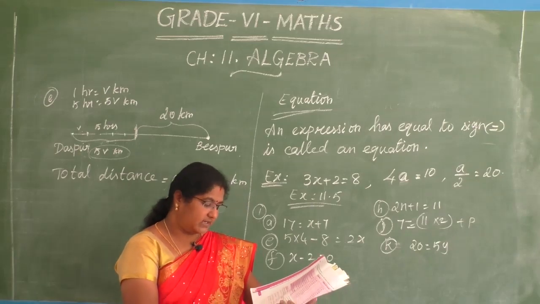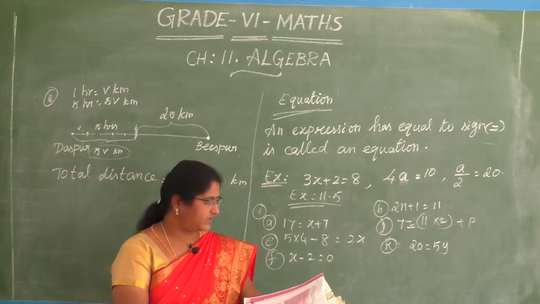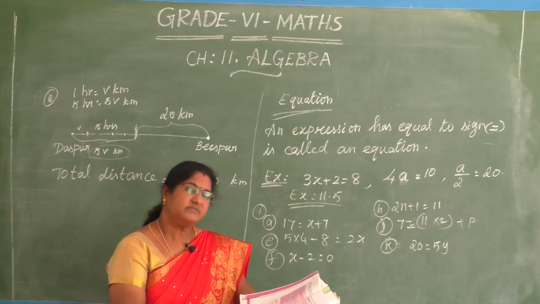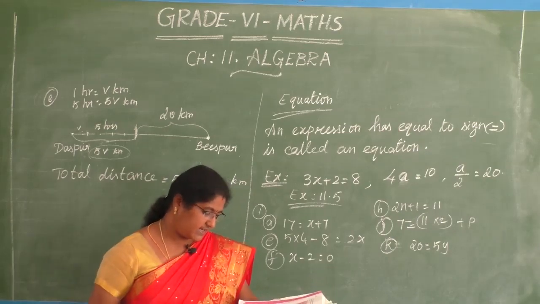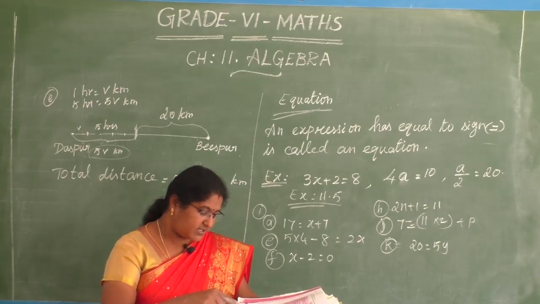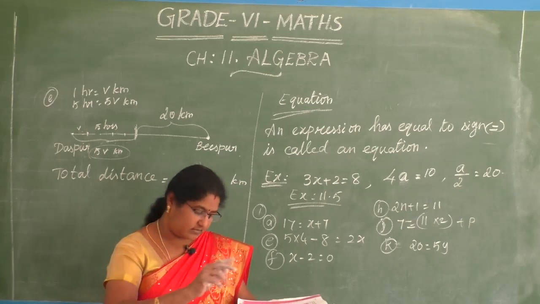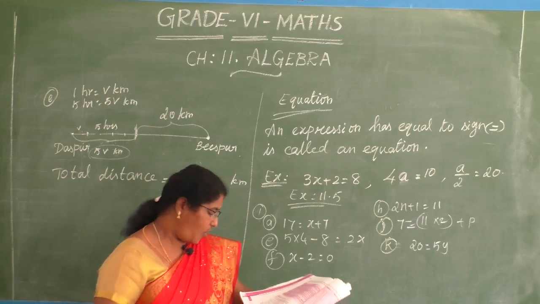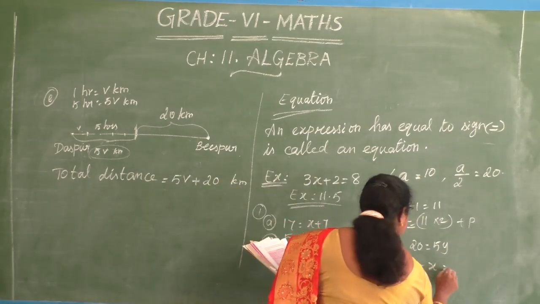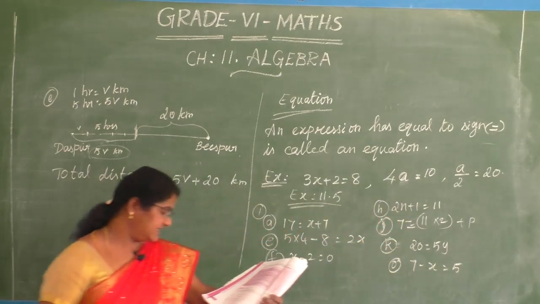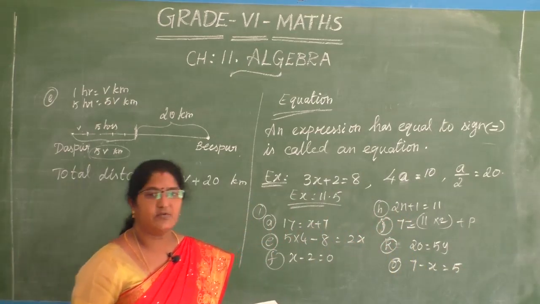Next, L, less than symbol, so it is not. M, greater than symbol, no, it is not an equation. Next, N, equal to sign is there but the variable is missing, so it is not an equation. O question, 7 minus x equal to 5. X variable is there and equal to sign is there.